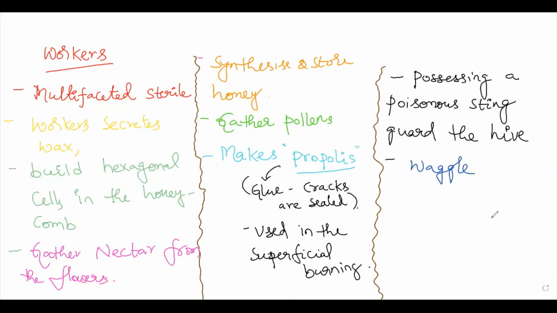They collect the nectar, and the waggle dance gives information about its source. The waggle dance is performed in the form of a number 8, and through this it gives information about the source of the nectar.